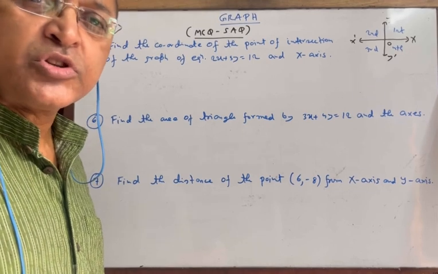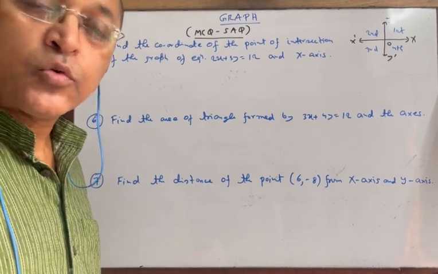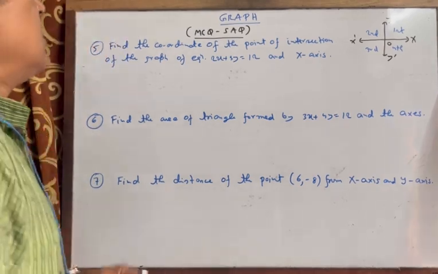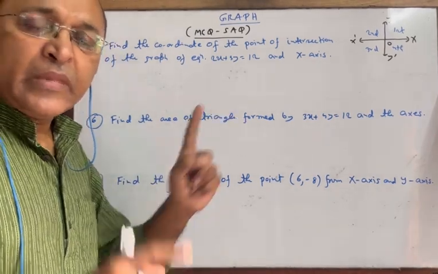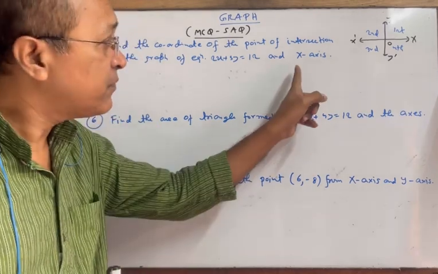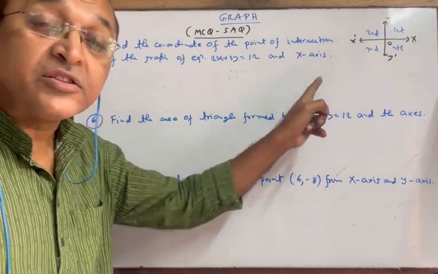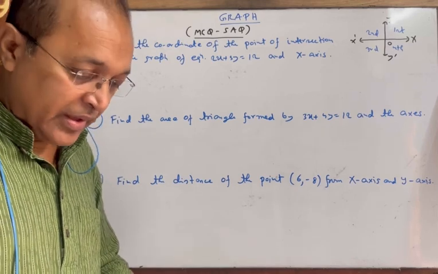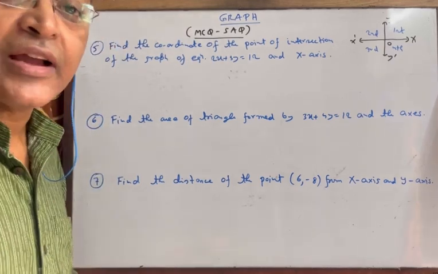Generally, these sort of questions carry 2 marks. X-axis means y is equal to 0. Right? It is. X-axis means y is equal to 0.